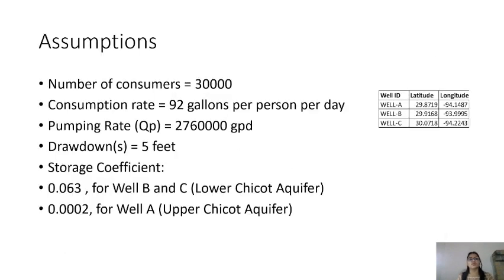So for this, our starting assumptions were that we had three well locations with their latitude and longitude in degrees, and our number of consumers was 30,000.